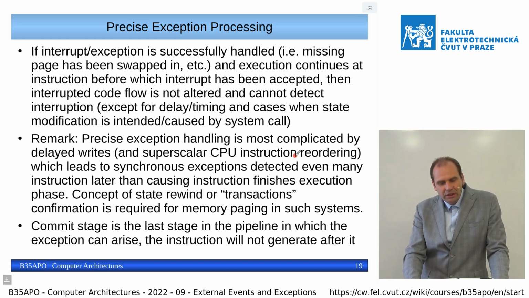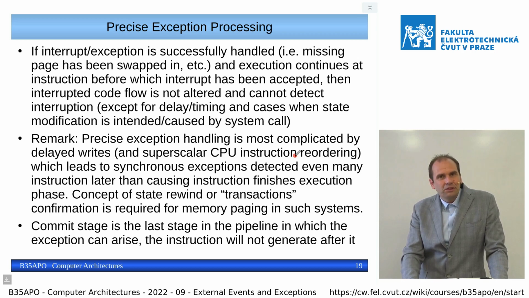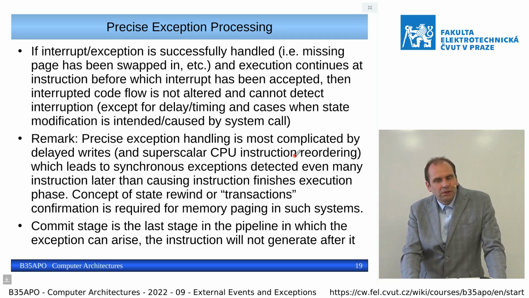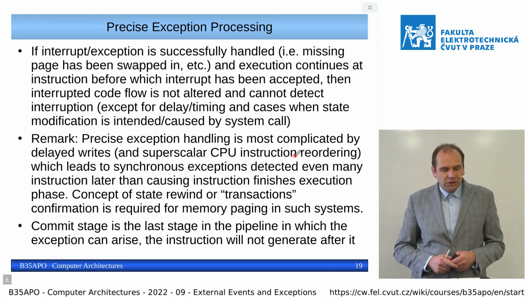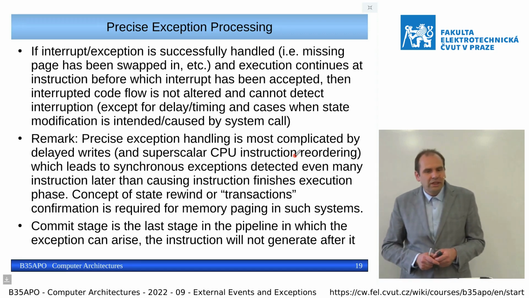So for this reason, today processors execute the instructions out of order, but the actual effect on the memory is postponed till we know that none of the preceding instructions in program order caused an exception.